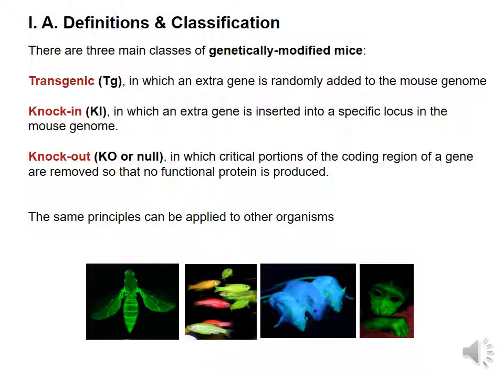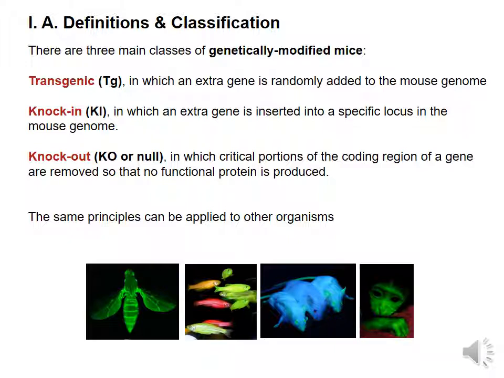As for the definitions and classifications, there are 3 main classes of genetically modified mice. Transgenic mice are animals in which an extra gene is randomly added to the mouse genome. On the other side, knock-in animals are animals in which an extra gene is inserted into a specific locus in the mouse genome.